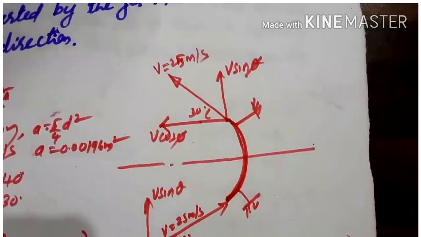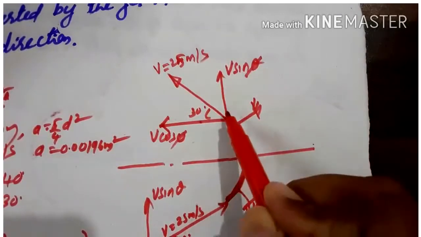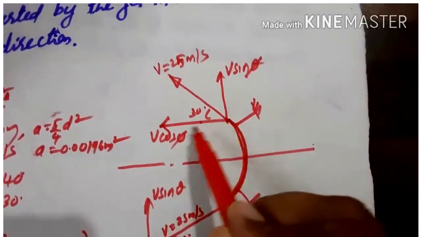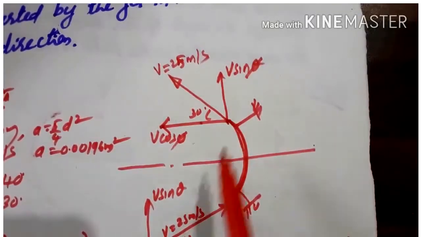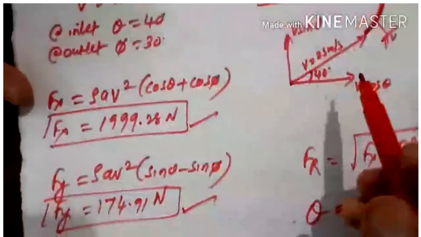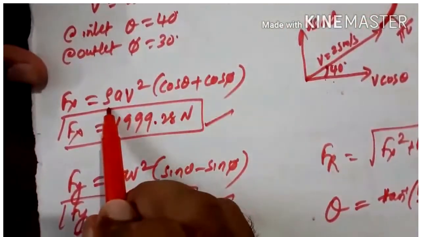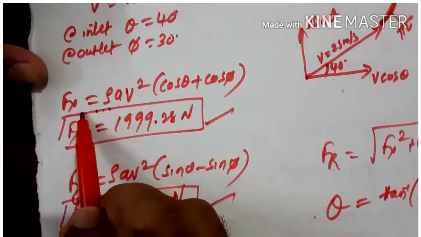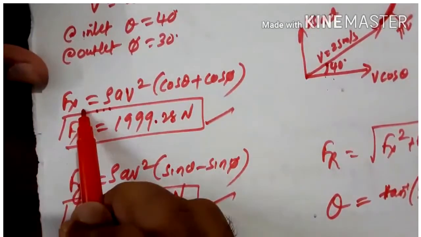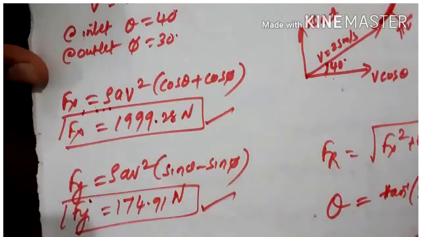Once we know the angle of entry and angle of exit, we can easily get the horizontal as well as the vertical component, both at inlet and outlet. And we know the equation for the unsymmetrical case, so use that equation in both x direction and y direction to get the forces.